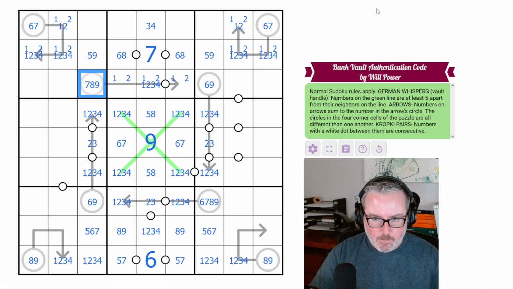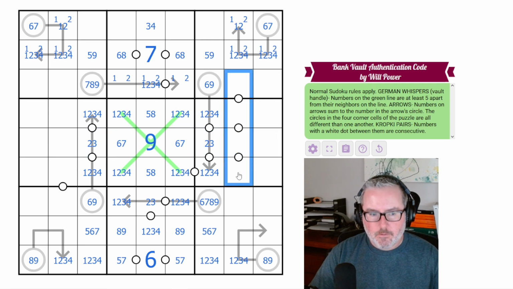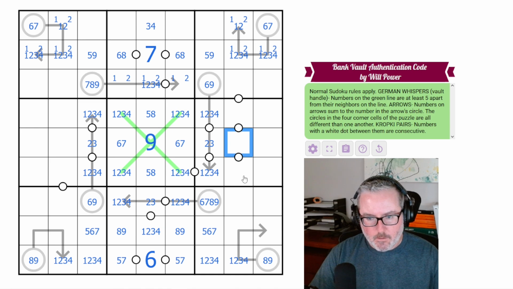Let's get rid of that 6. Okay. Now, in this row, in relation to this column with our Kropkis, this digit can't be a 1 for obvious reason. You can't put a 2 on both sides. It can't be 2 or 3. It's either 4, 5, or 8.